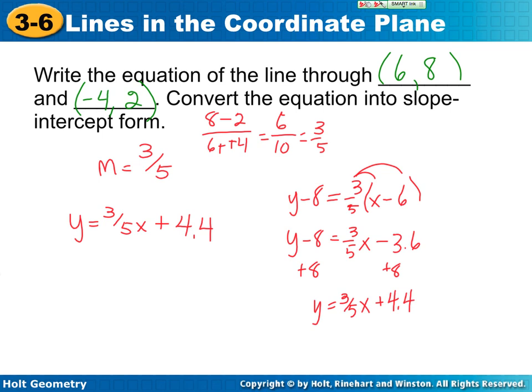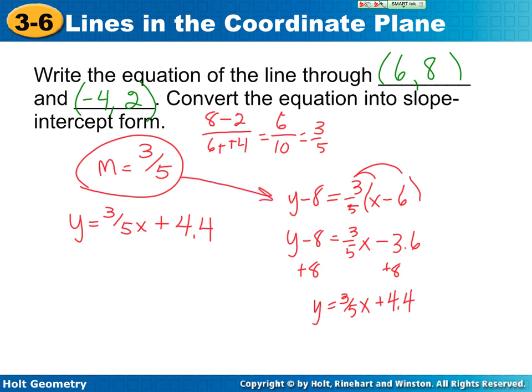Do you understand what to do? Give me a thumbs up or down if you understand what to do. Okay, so for some of you, it's just getting the calculations. What we were doing was we found the slope, and then we used the slope and a point.